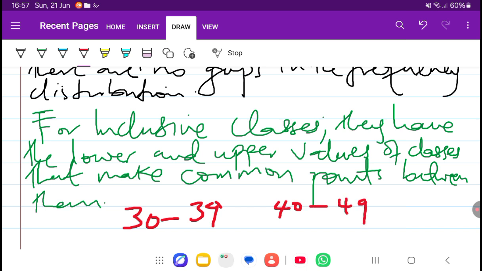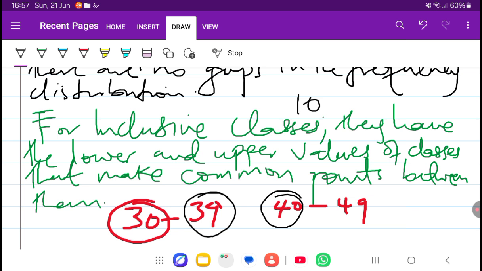You are seeing from this point, from 30 to 40, there are 10. We have 10 numbers. Even from 39 to 49, there are 10. But now that is the class interval. We are also going to get that.